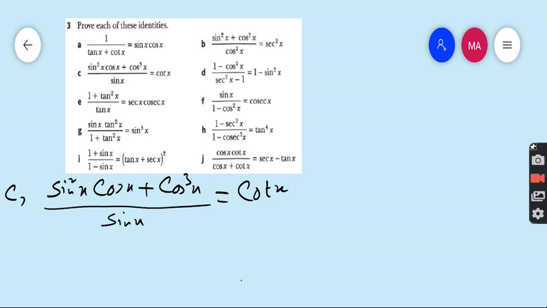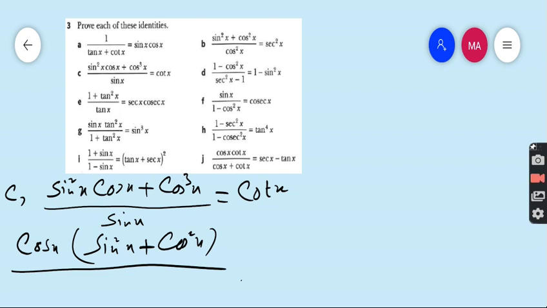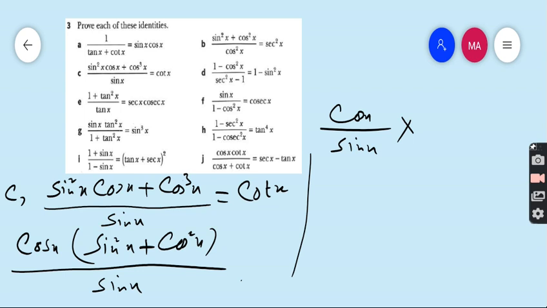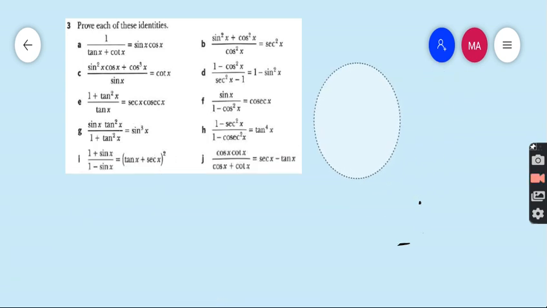If we take cos common from the numerator, so it is sin square x plus cos square x. So cos x upon sin x multiplied by sin square x plus cos square x is 1, and you know cos upon sin is cot x. Hence it is proved that left hand side is equals to right hand side. Move to part D.